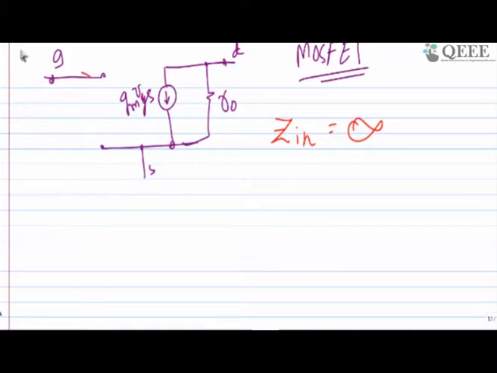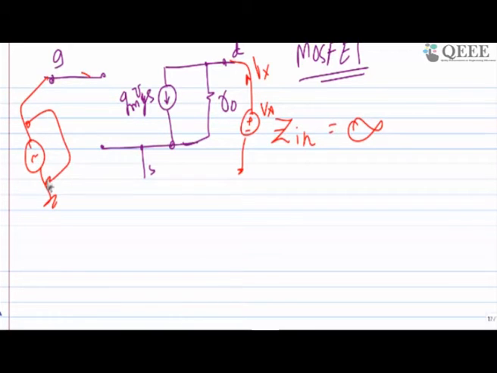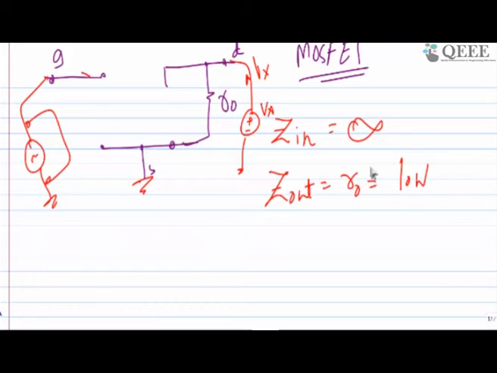Excellent. Now I do a similar thing: I apply a known voltage here and try to find out the current, Vx by Ix, so that I can find the impedance looking at the output side. In that case, you can see that GM VGS, gate and source, are also 0. So it's similar to your BJT. At the output I am going to see R0, which is low, in the range of 1 kilo ohm.